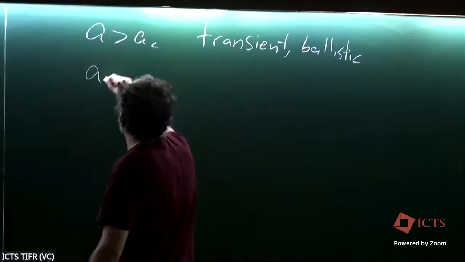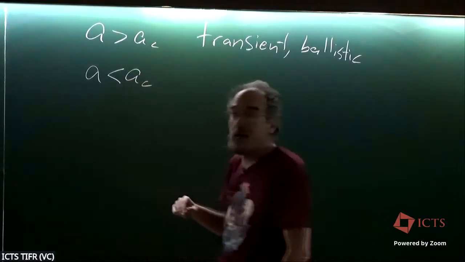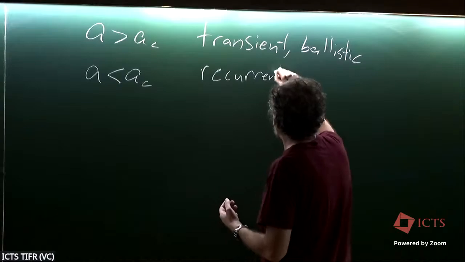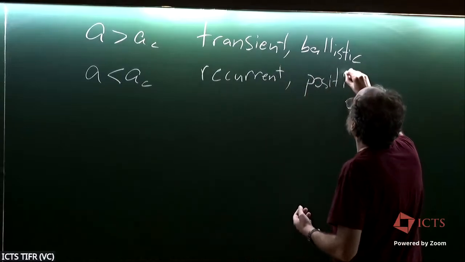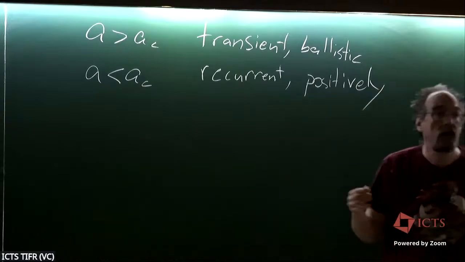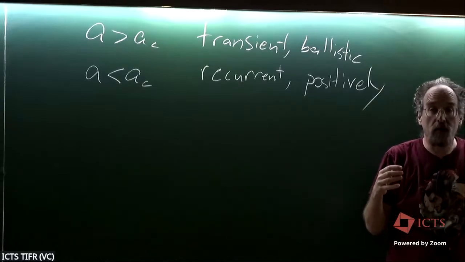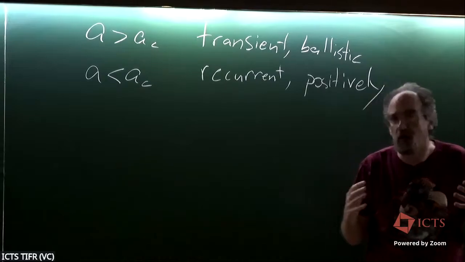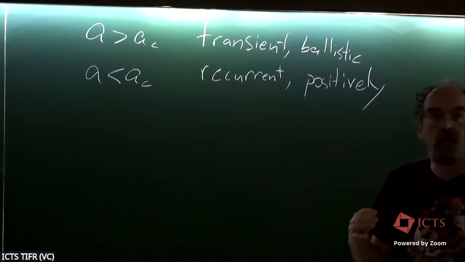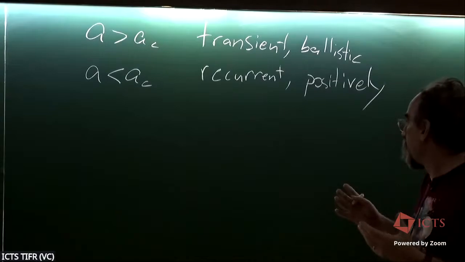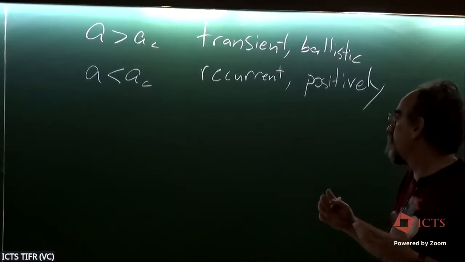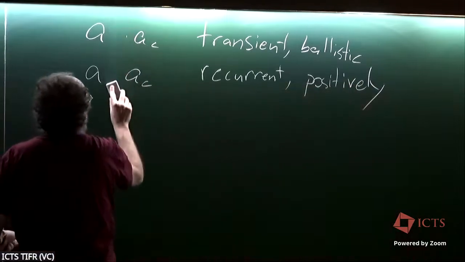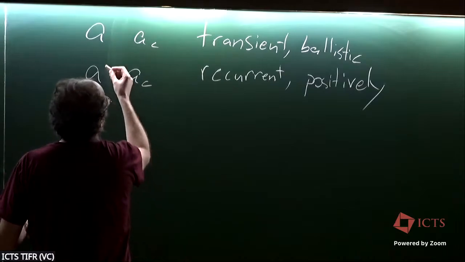Well, if A is smaller than the critical A, the walk is actually not just recurrent, but even positively recurrent. So what does positively recurrent mean? It means that, in fact, you spend a constant fraction of your time at your starting point. Something that you don't get for simple random walk.